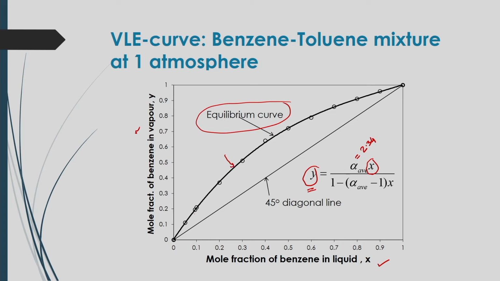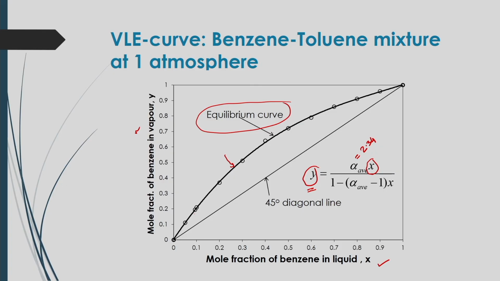This equilibrium line shows how benzene is relatively more or less volatile compared to the other component, and it is useful for distillation operations in chemical engineering.